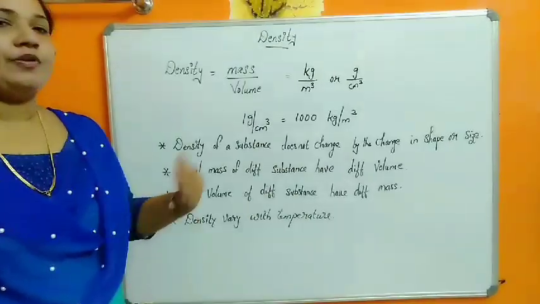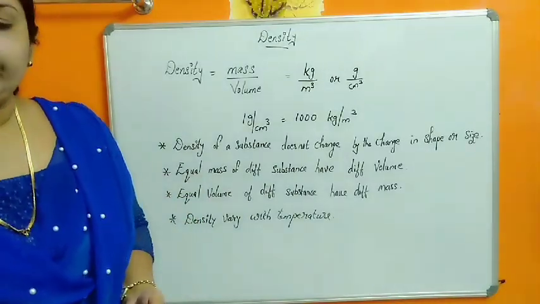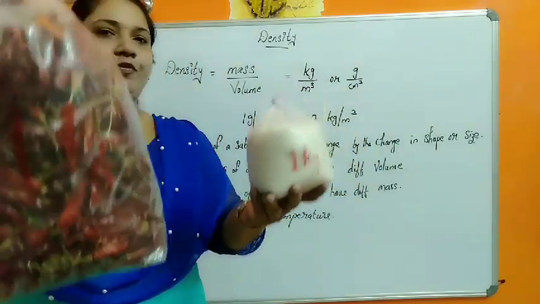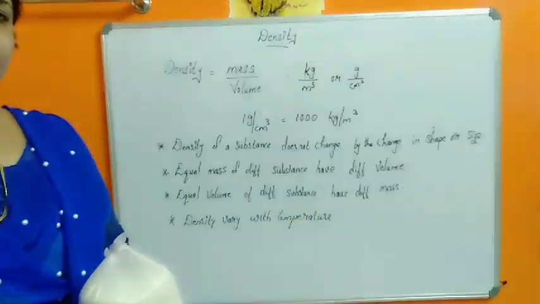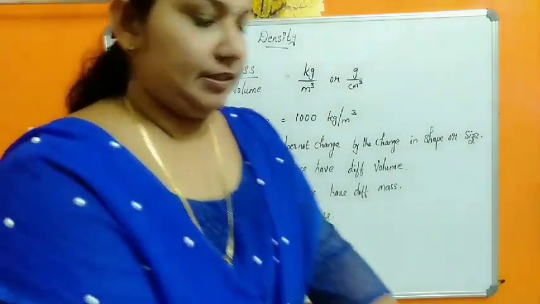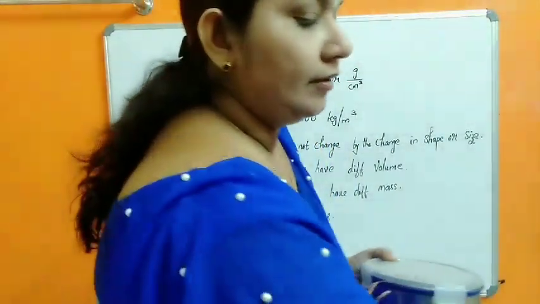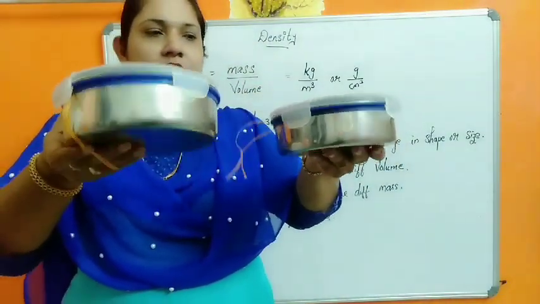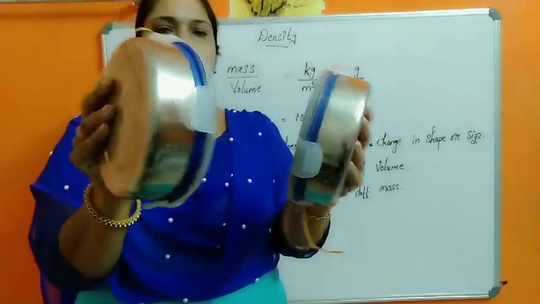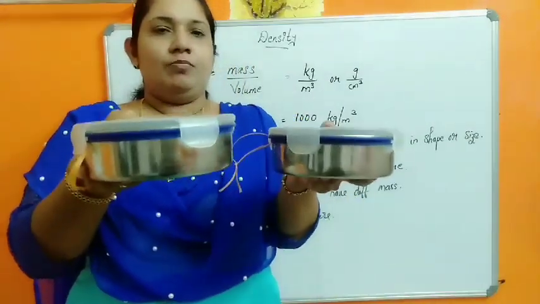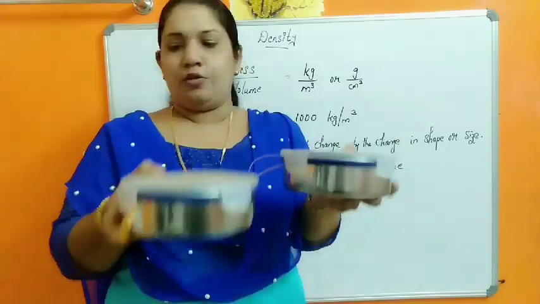Next one is equal volume of different substances. Now I am going to take equal volume of different substances. I am taking 2 tiffin boxes, lunch boxes, of equal volume. You can see the thickness and the surface area, everything is the same. That means both tiffin boxes have the same volume.